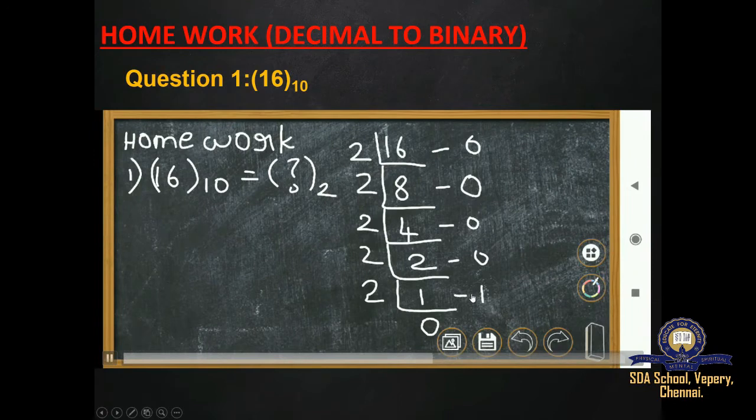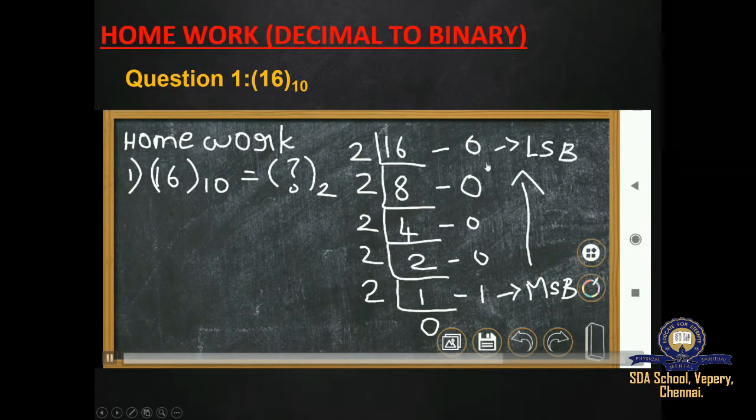This is our most significant bit, that is MSB, and this is our least significant bit, the first remainder. We have to arrange from MSB to LSB.